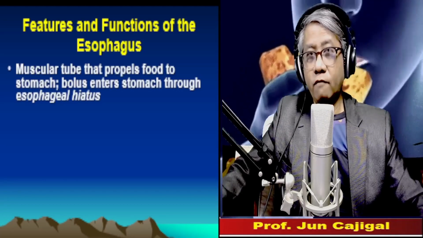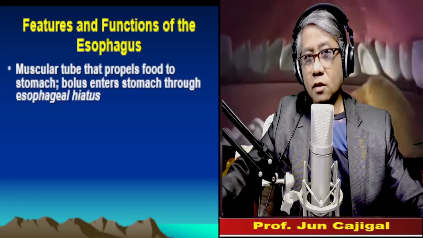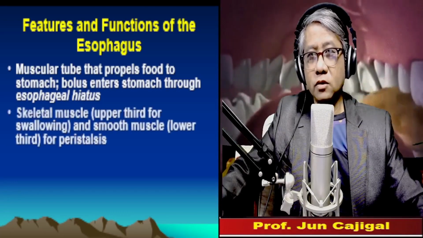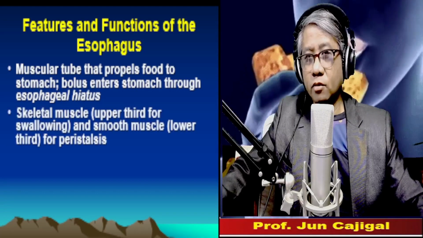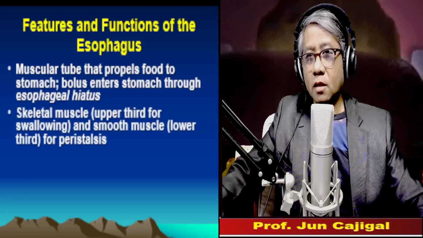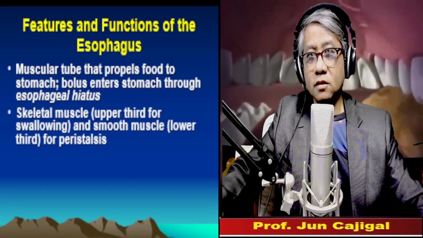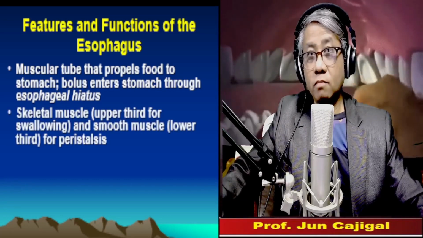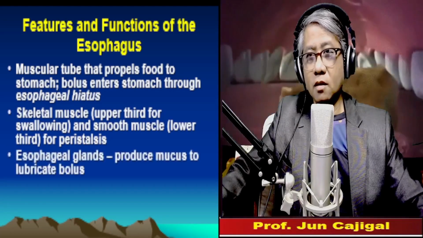Now the food in the form of bolus enters the stomach through the esophageal hiatus. Now the esophagus contains skeletal muscles in the upper third for swallowing and smooth muscle in the lower third for peristalsis. Peristalsis is the wave-like muscular motion of the alimentary canal.